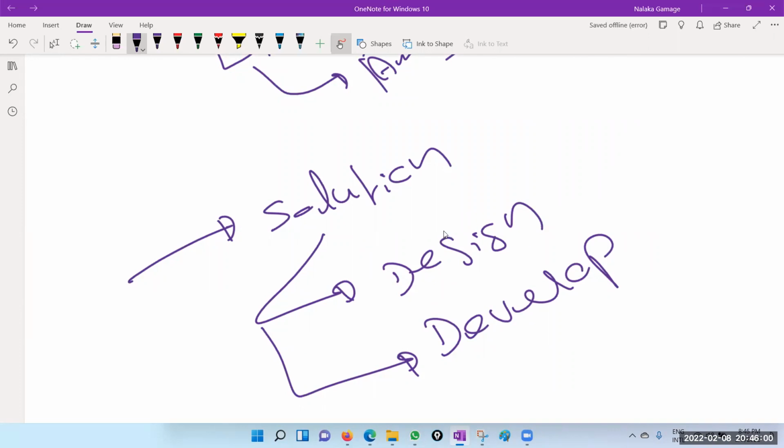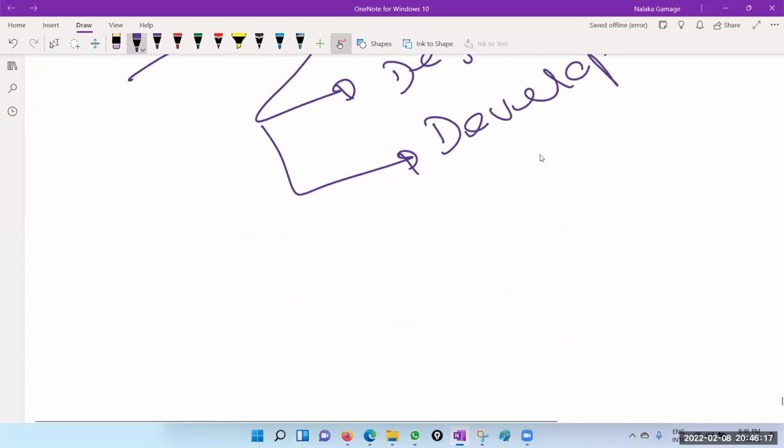So we can evaluate these different solutions at the design level rather than developing and then evaluating. That is costly. Evaluating at the early designing level is easier. Right. So now let's see what is meant by design.